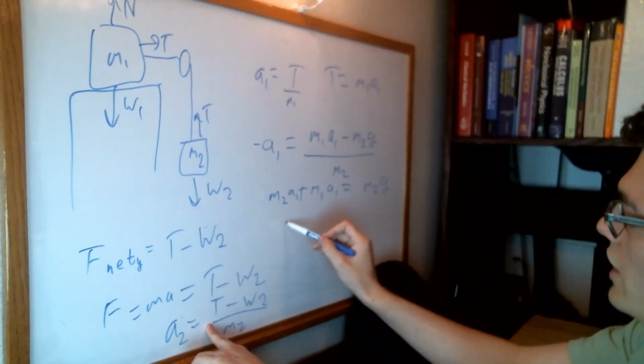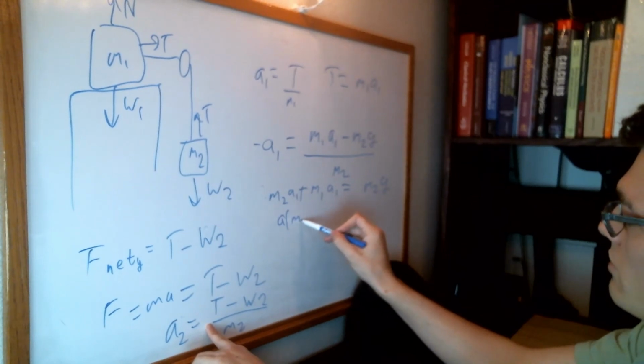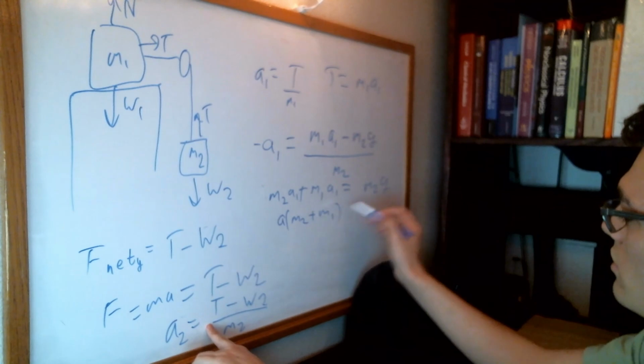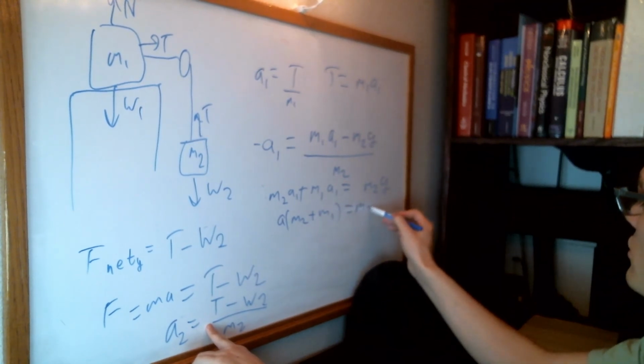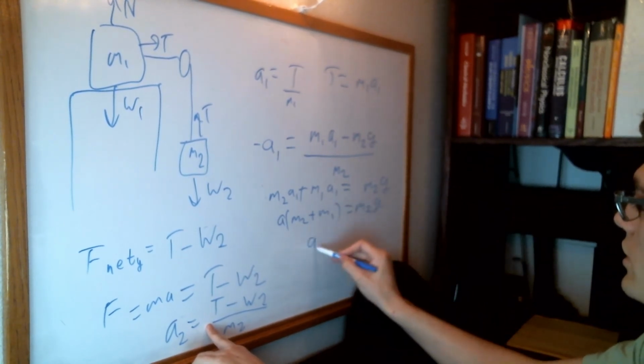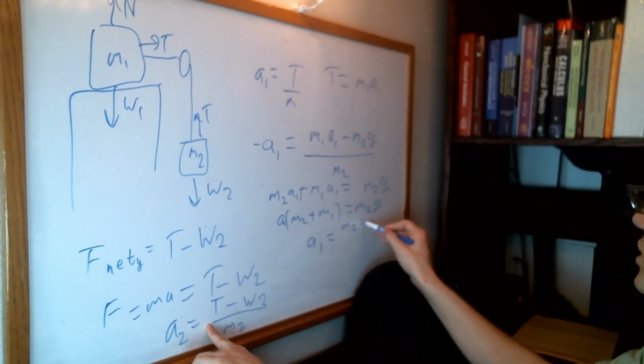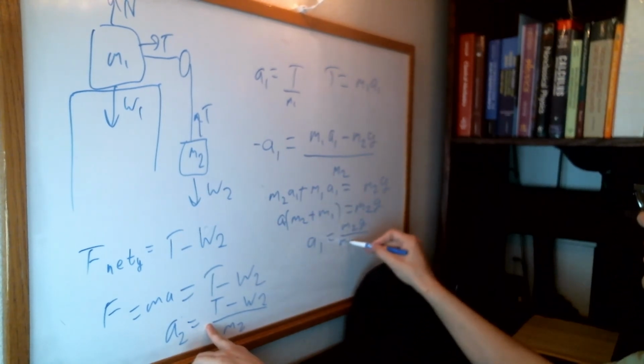And then we can factor out an a here, and then we have m2 plus m1 equals m2 g. So then we can say that a1 is going to be equal to m2 g all over m2 plus m1.